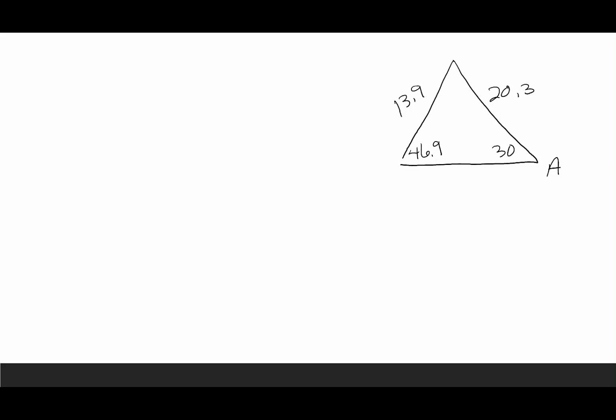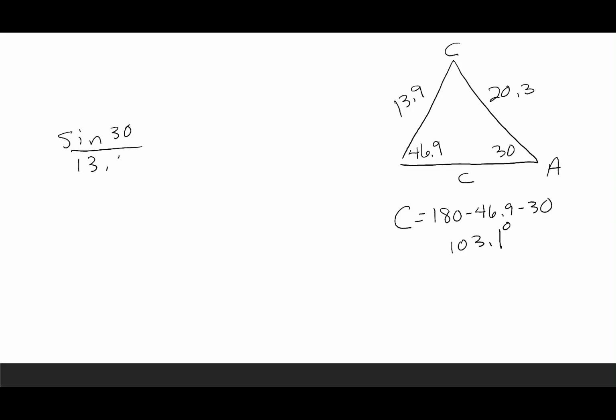Now we need to find angle C and side c. To find angle C, we're going to take 180 minus 46.9 minus 30. This gives me that C is 103.1 degrees. To find the side c, we'll start with the sine of 30 over 13.9 is equal to the sine of 103.1 over c.